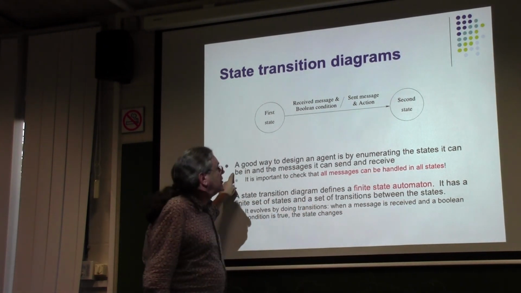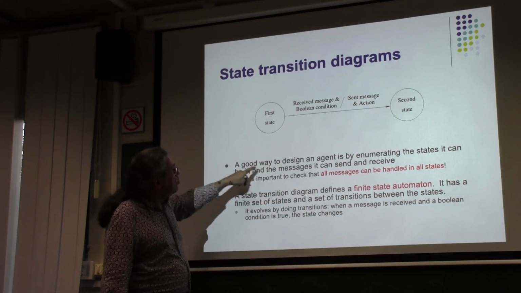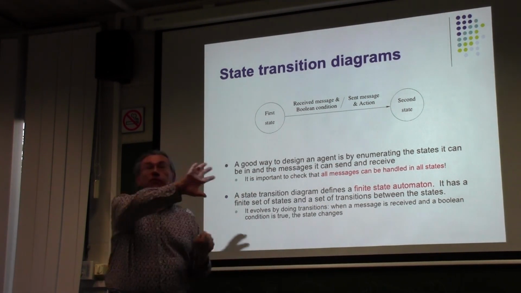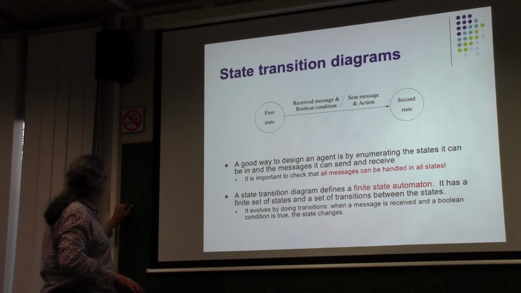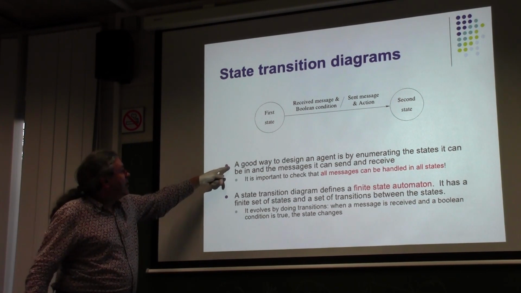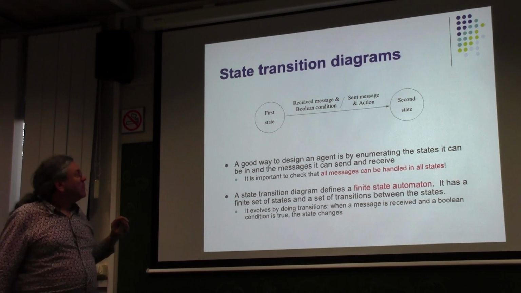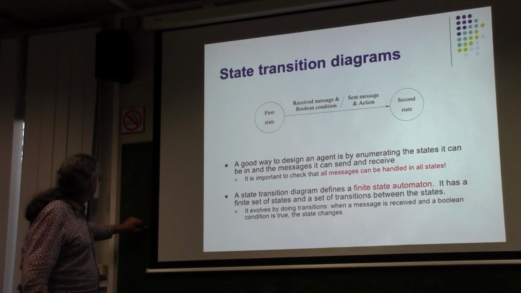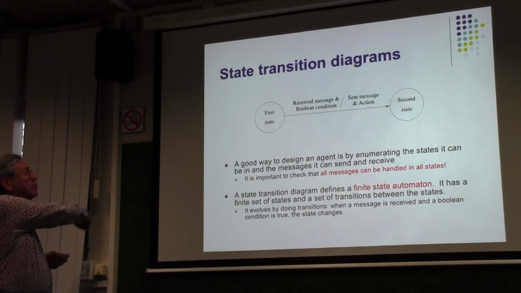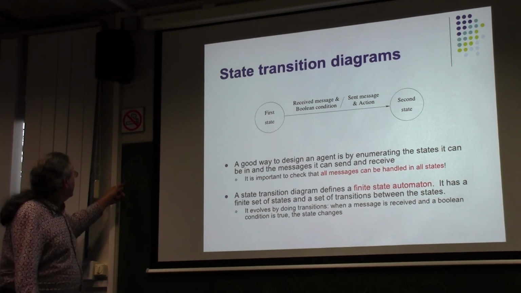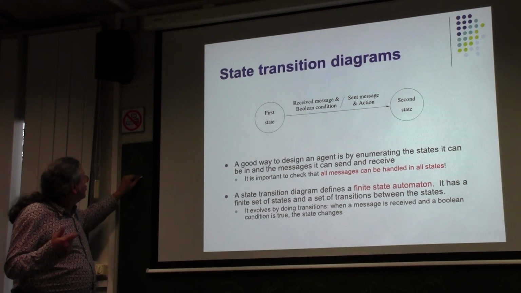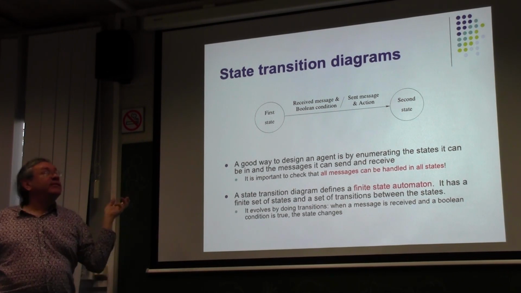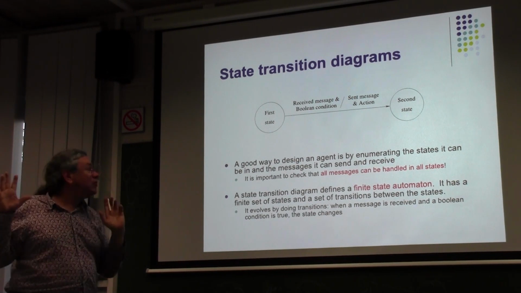The way it works is first you enumerate all the possible states, all these balls here, that the system can have, and the messages that it can receive. The component has all these states, and messages come in. Whenever a message arrives, the system can change state in some way. We have a notation for that.